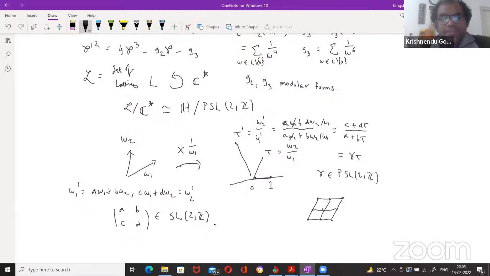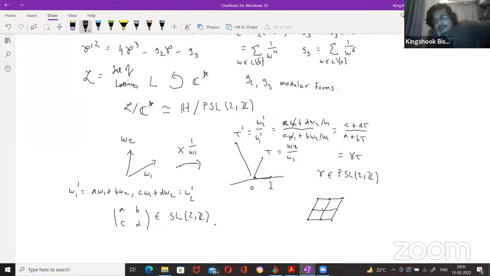This Teichmuller space is parametrized by this tau, this number you have defined. So in this isomorphism, lattices mod C star equal H mod PSL2Z.